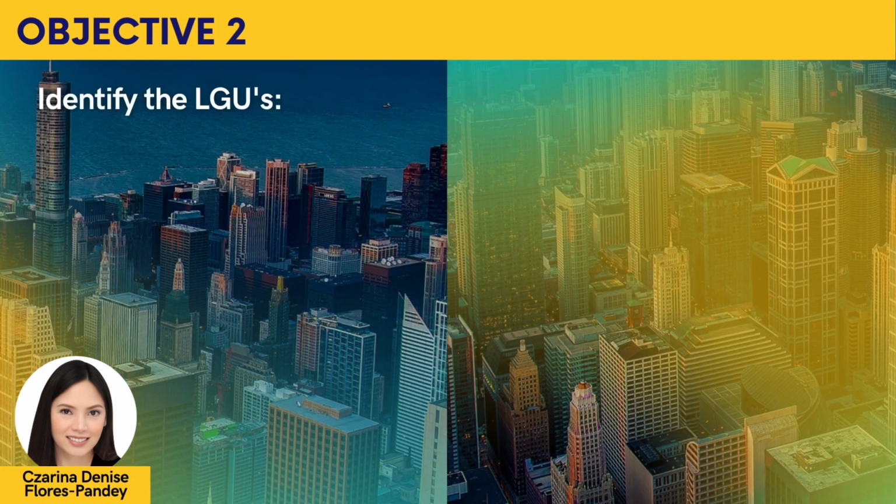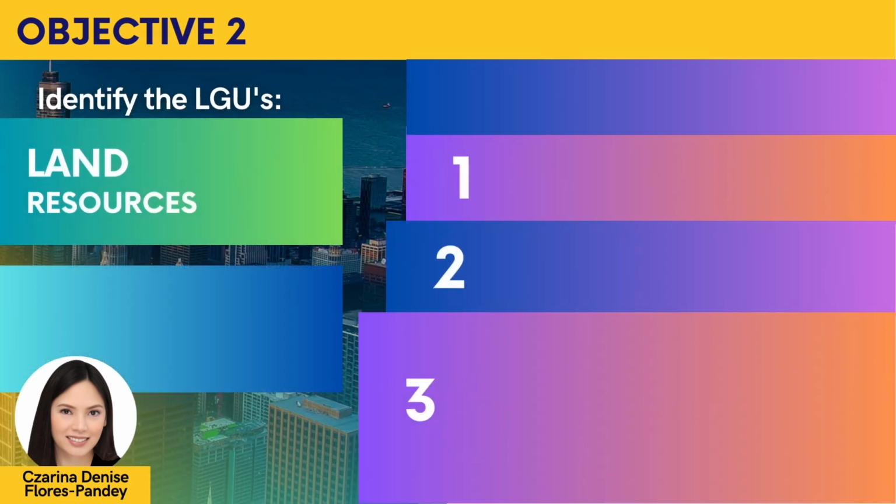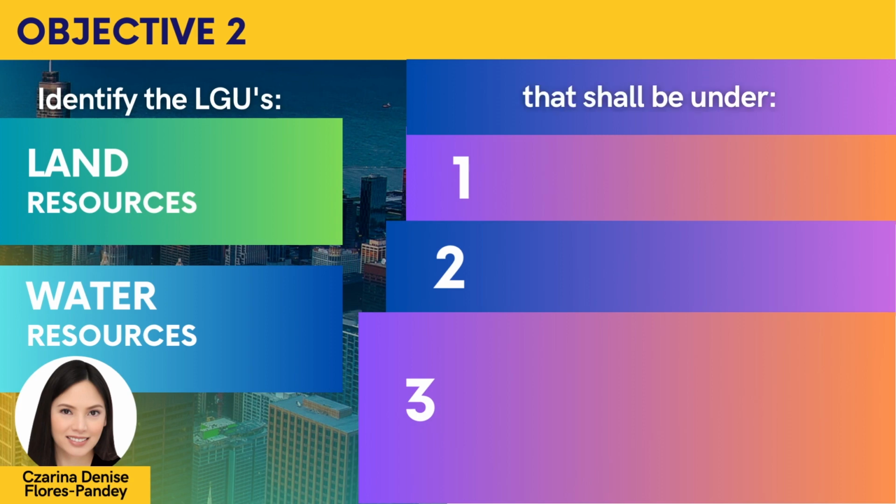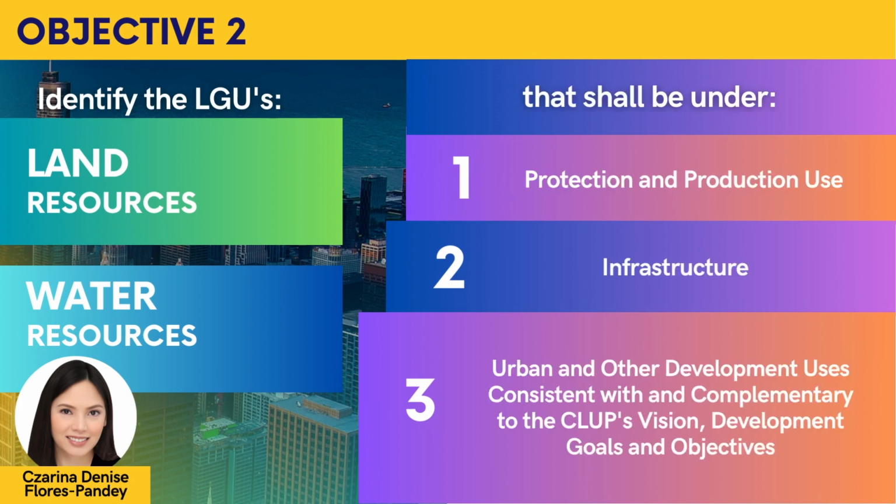Objective 2. Identify the local government unit's land resources and water resources that shall be under the protection and production use, infrastructure, urban and other development uses consistent with and complementary to the CLUP's vision, development goals, and objectives.